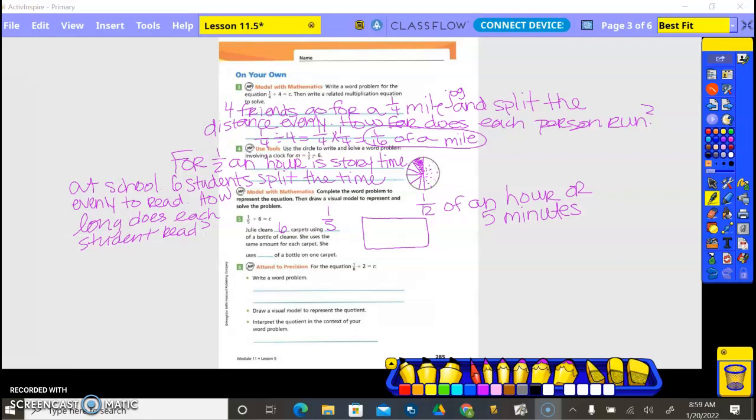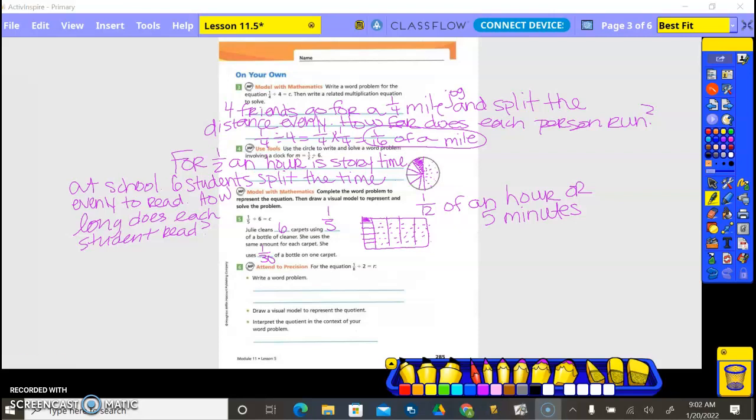Into 5, right? Okay, and then how many are we breaking it horizontally? 6. Okay, so how many total pieces do we have? And we only want to use 1. So 1/30.